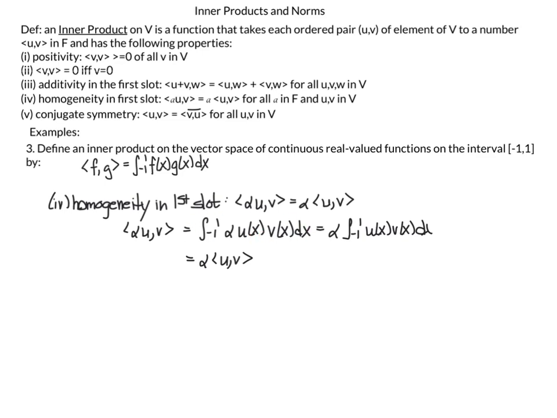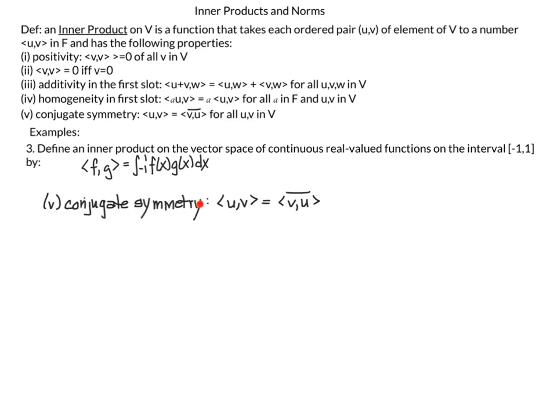Using properties of integrals, we can pull out the scalar constant alpha, and we get alpha times the integral from -1 to 1 of u of x v of x, which is simply equal to alpha times the inner product of u and v. Hence we have demonstrated homogeneity in the first slot.